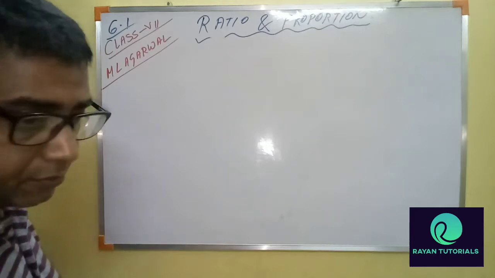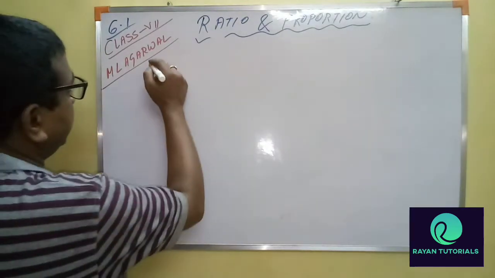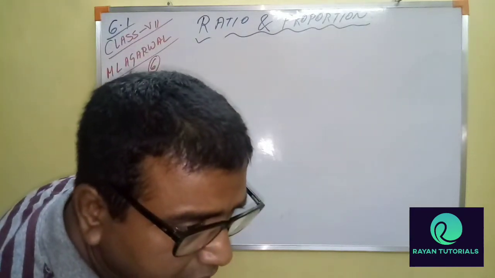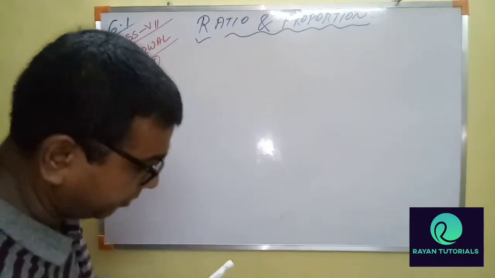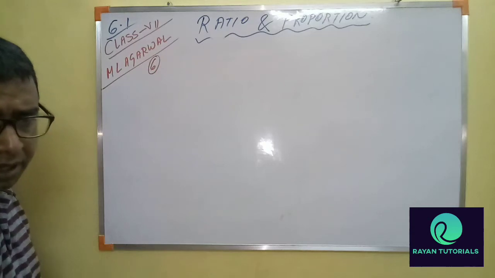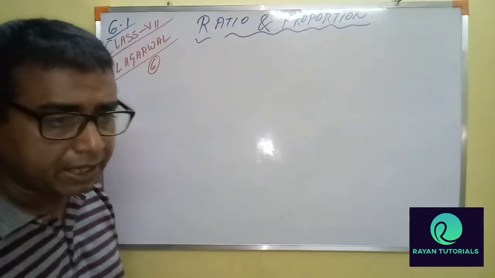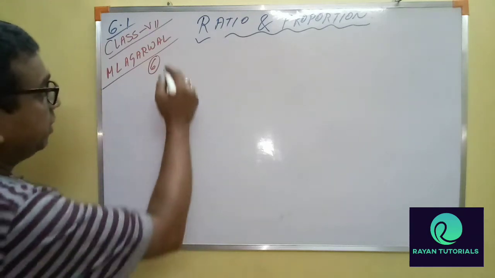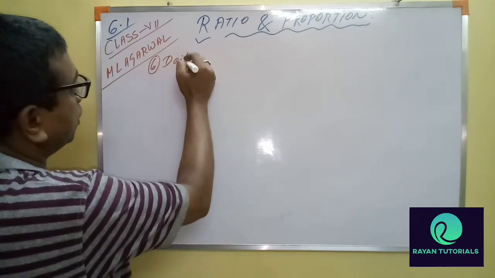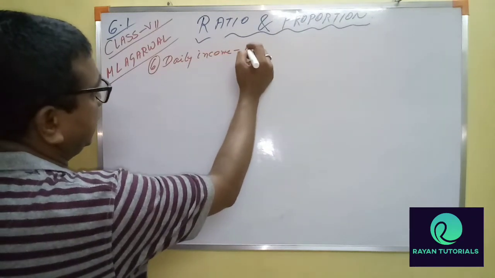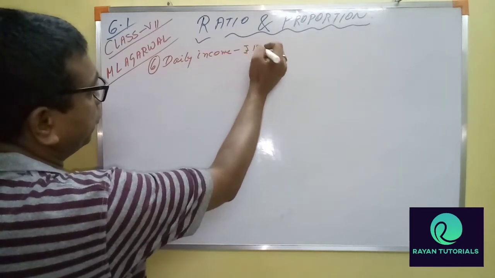Okay, number 6. A very common sum. A lot of times in the exam it comes, and I am sure it will be coming in any of your exams. Here they say out of a daily income of rupees 120. Daily income is rupees 120.